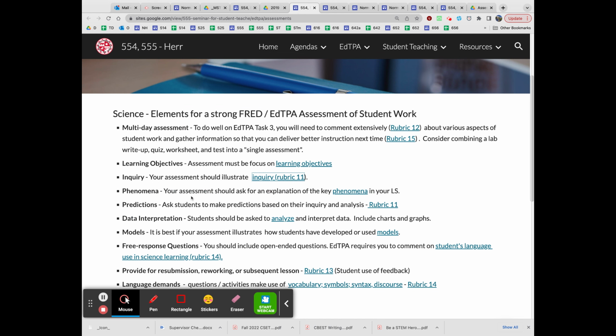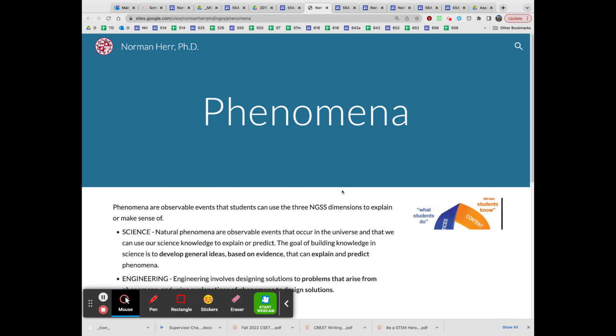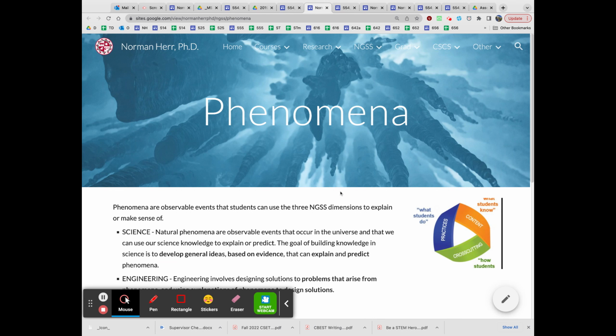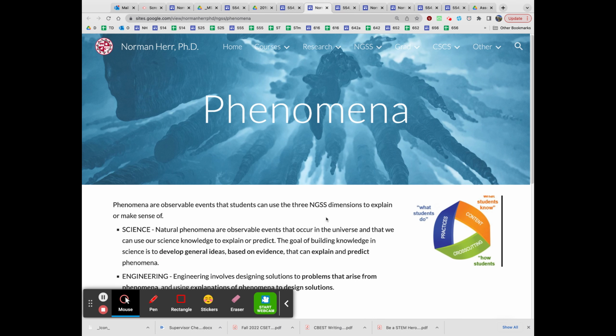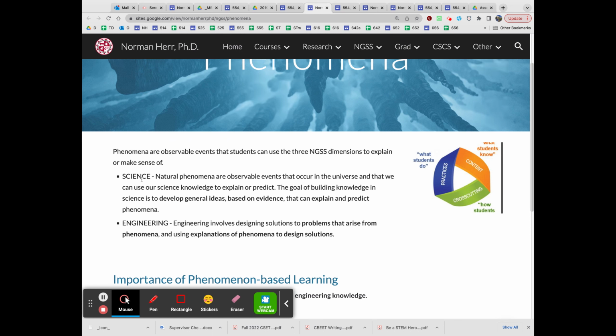You're also going to want to make sure your assessment has some kind of phenomenon. If it doesn't have a phenomenon, then there's nothing to do an inquiry about. When we're talking about a phenomenon in science, it's observable events. That's just about anything that occurs in the universe, and they can be natural or man-made, that we use our knowledge of science to explain or predict.